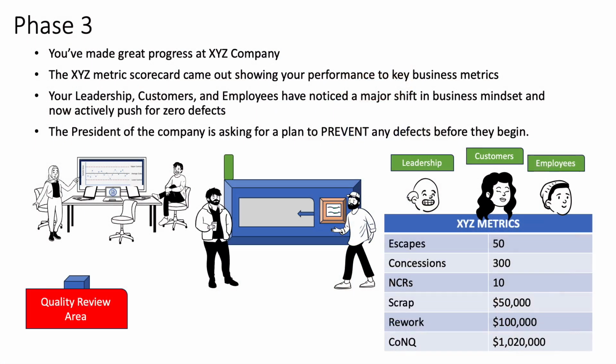Even though 50 escapes in reality may not be a good number, this is a whimsical exercise. We started with 200, we're down to 50. So let's put it in perspective. But now we want to start really systematizing the improvements. How do we do that?